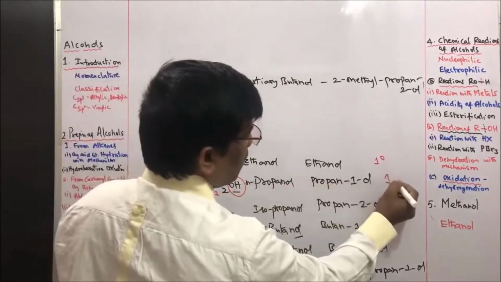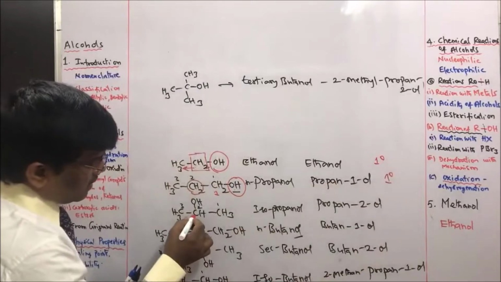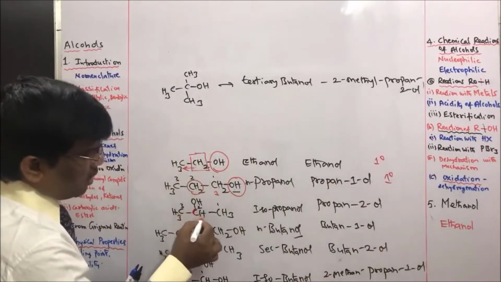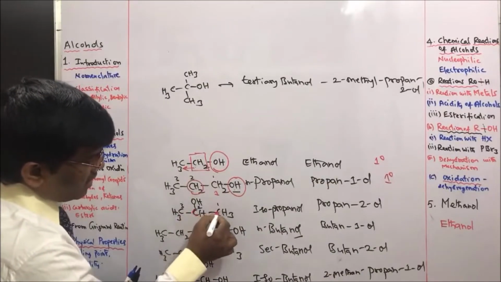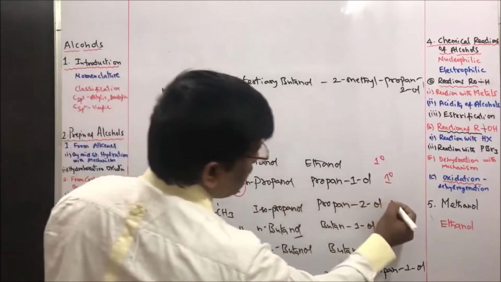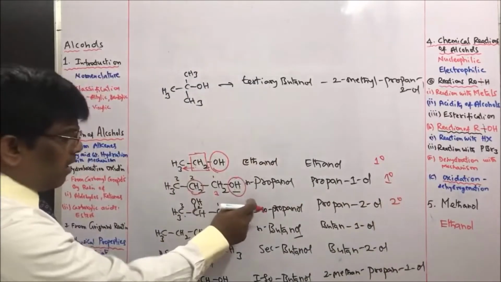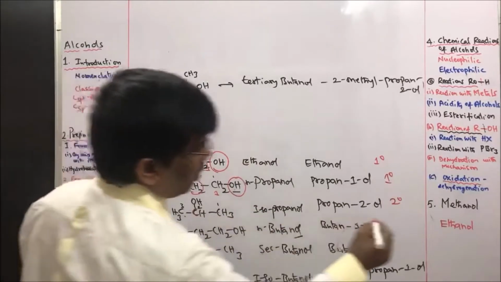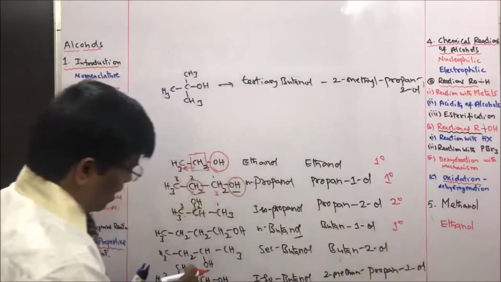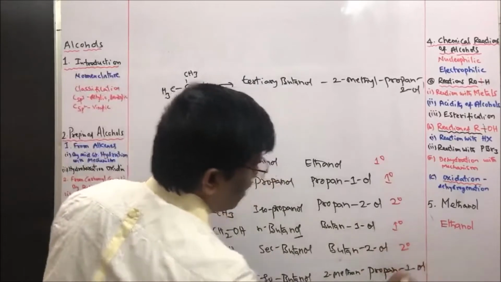And this carbon, since it is attached to this side and this side, is a secondary alcohol. Isopropyl alcohol is a secondary alcohol. Then n-butanol is a primary alcohol and this is a secondary alcohol.